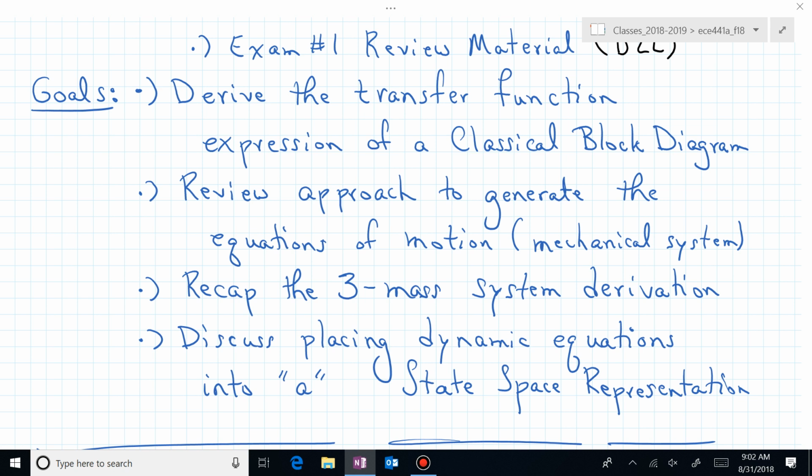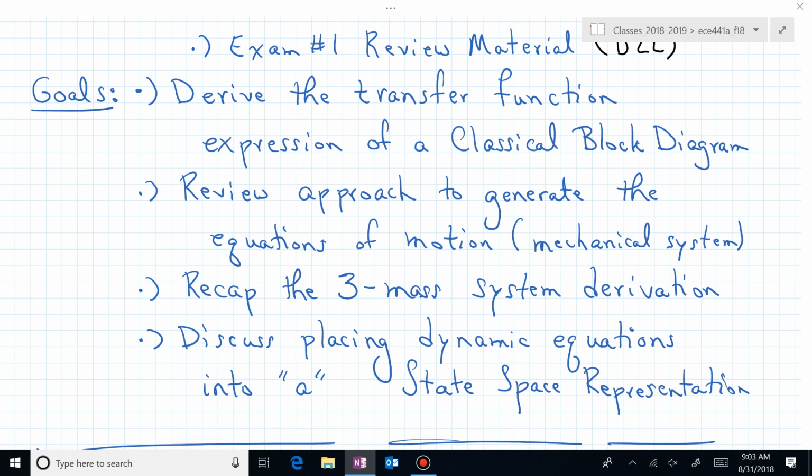We'll review how we end up with these equations of motion. Hopefully you get comfortable with how we're finding these forces. Why is it z4 prime minus z2 prime and not z2 prime minus z4 prime? I want you to feel comfortable finding those equations of motion.